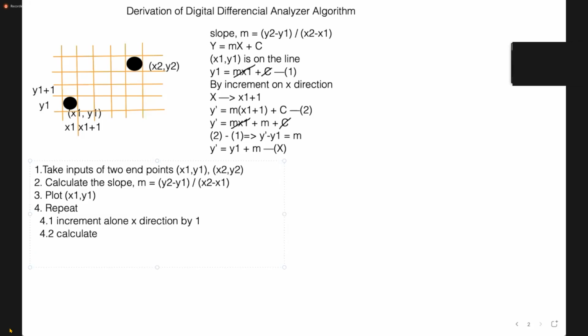Calculate y by using y dash equal, y dash is the next y.